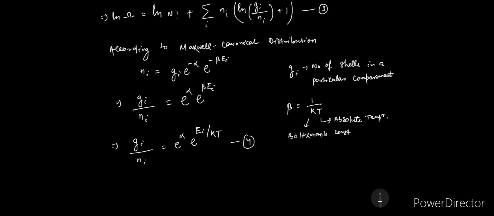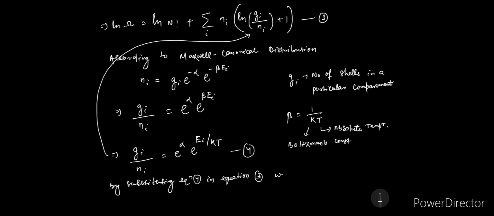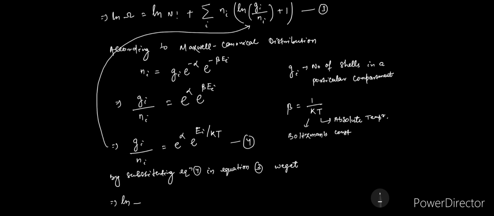Now substituting this value in equation 3, in place of gi by ni we will substitute this value, then it will be ln omega is equal to, start from this, summation of i ni ln, in place of gi by ni we will write e to the power alpha into e to the power ei by kT.